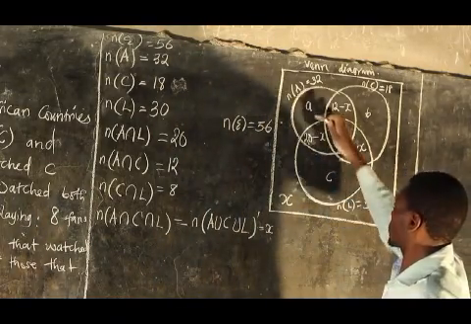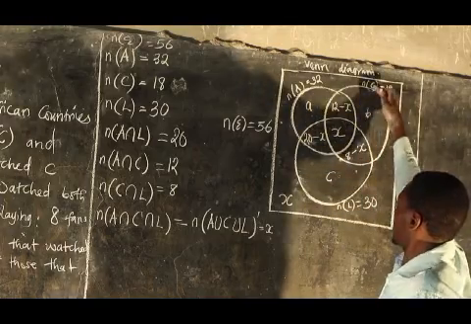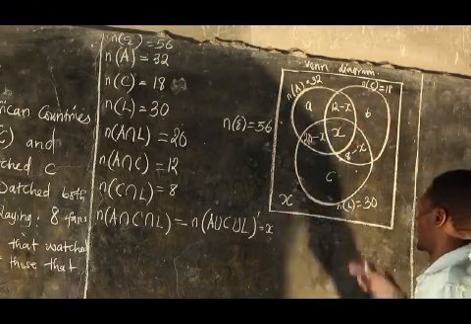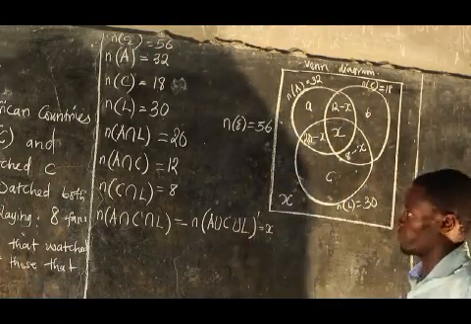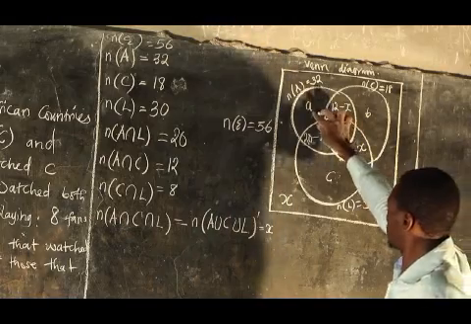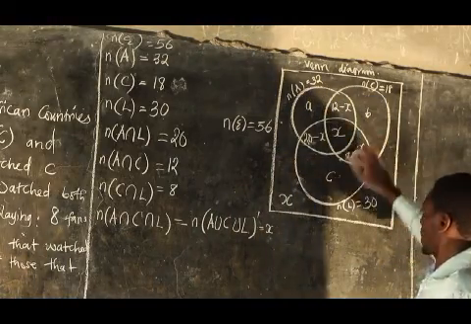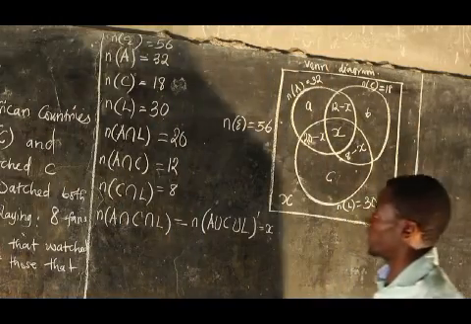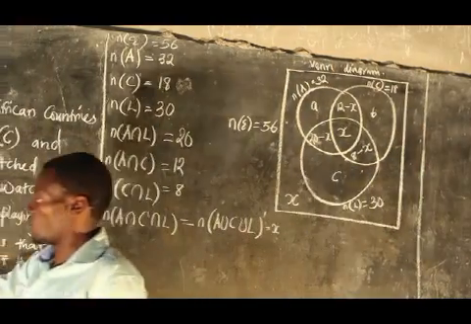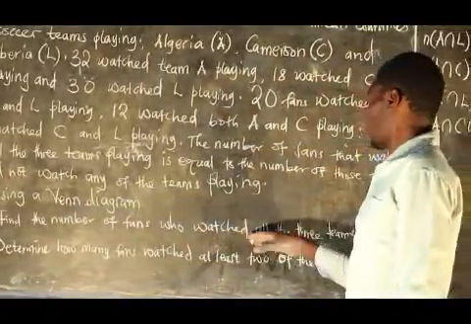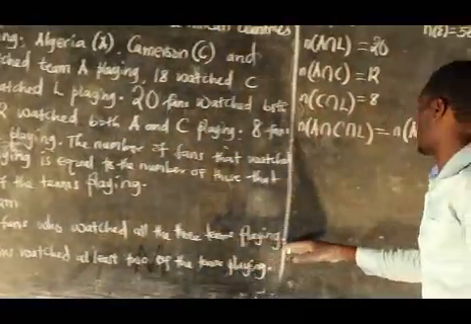Let us put these small letters to represent everything we want. So we call this one small a, small b, and small c. This is the representation of information on a Venn diagram. Now we look for what they are asking for: find the number of fans who watched all the three teams playing.